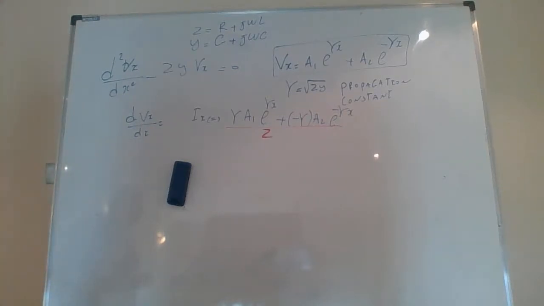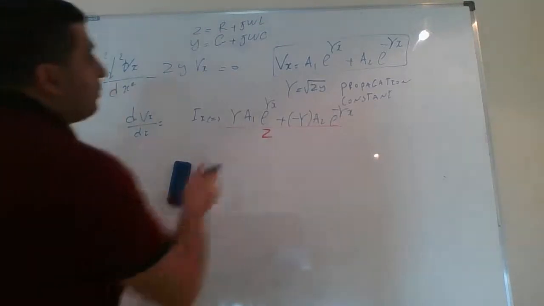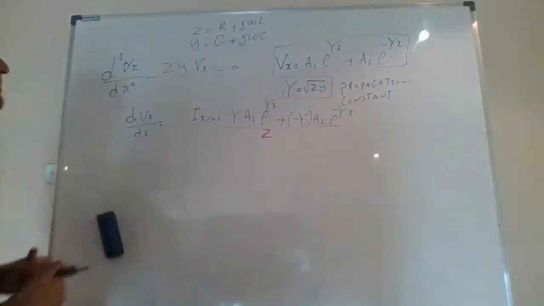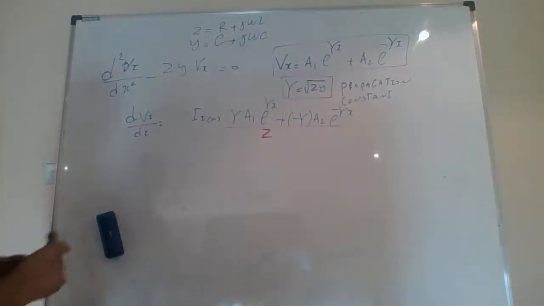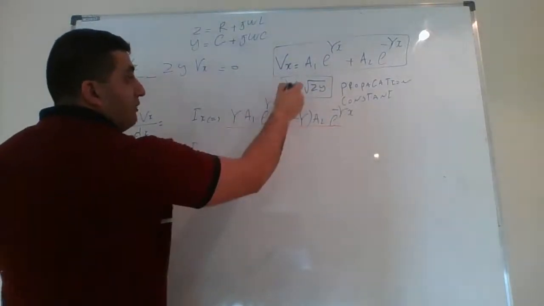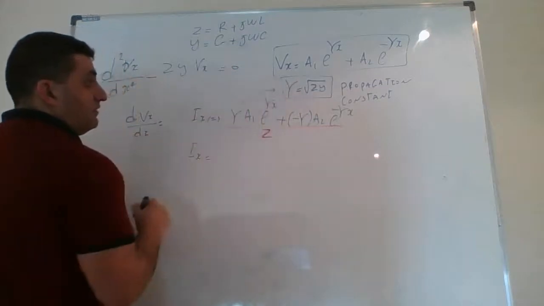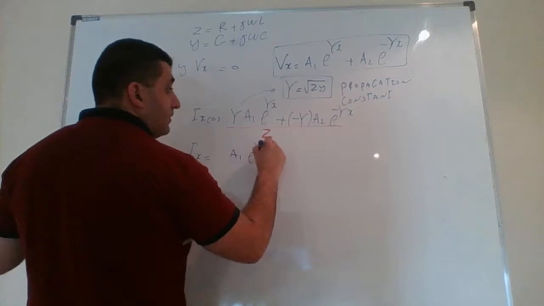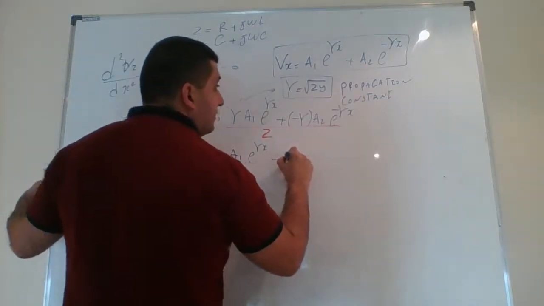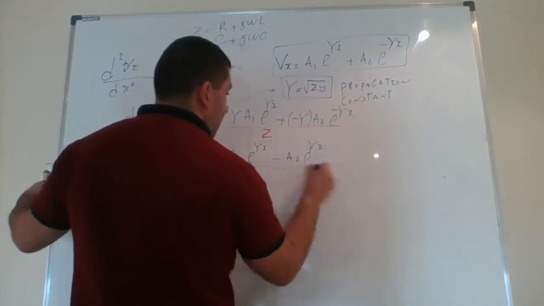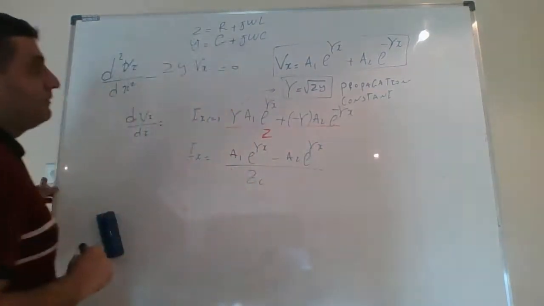Now, I will have to rearrange. I will recall this. The answer for this one now will be equal to Ix. If I recall this definition, Ix will equal a1 exponential of minus, divided by Zc.